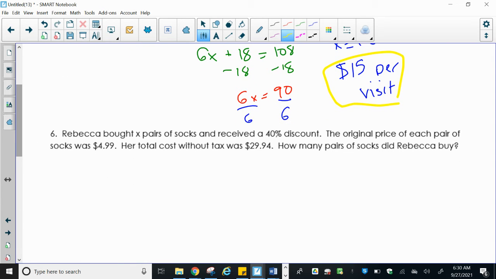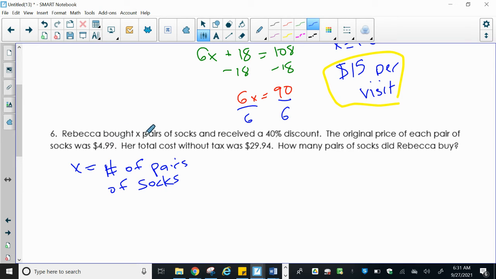It says Rebecca bought x pairs of socks, received a 40% discount. The original price of each pair of socks was $4.99. Her total cost without tax was $29.94. How many pairs of socks did Rebecca buy? So we're buying x pairs of socks, 40% discount. Remember, we have to define our variable, so x would be our number of pairs of socks.